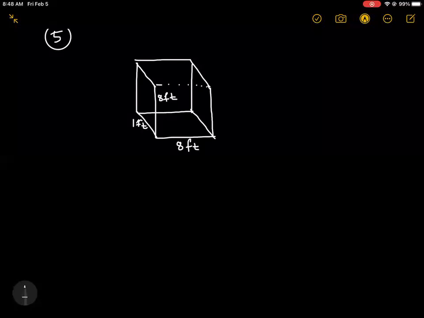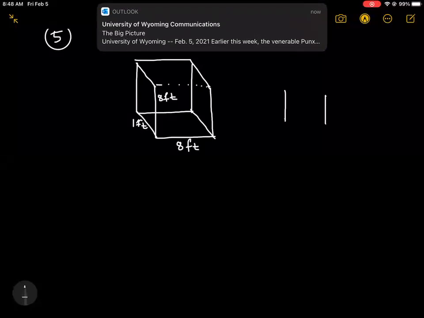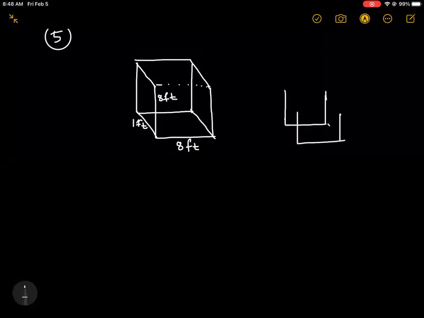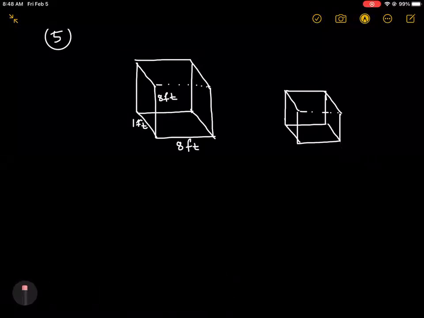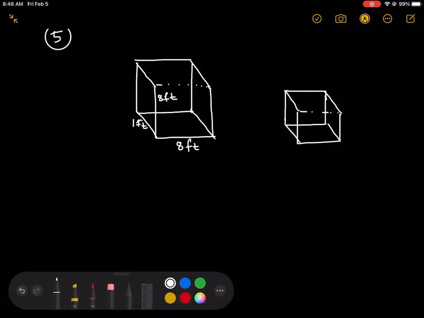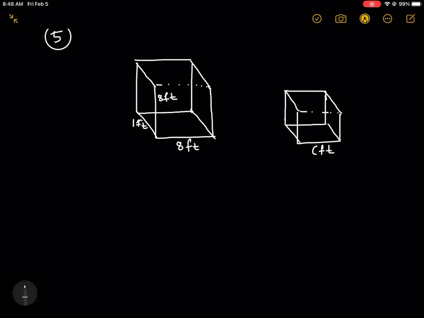Now we need to find how many bags we would need for a sandbox of 6 feet by 4 feet by 1 foot. So let's say we have another sandbox, smaller than this one, clearly, because you can see the measurements. This one has a length of 6 feet by 4 feet, and let's say this is 1 foot.